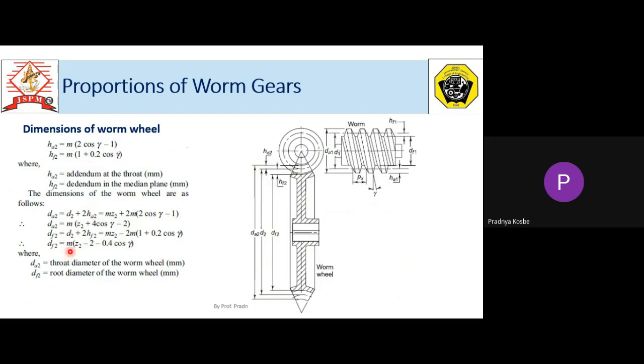So DF2 is equal to M in bracket Z2 minus 2 minus 0.4 cos gamma. DF2 is D2 minus 2HF2. Okay, so DA2 is the throat diameter of the worm wheel and DF2 is the root diameter of the worm wheel.